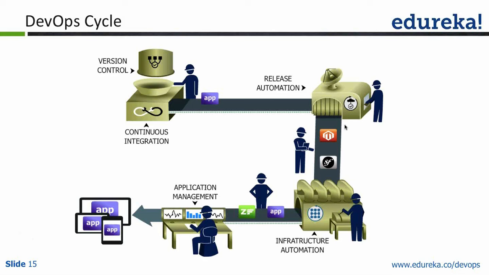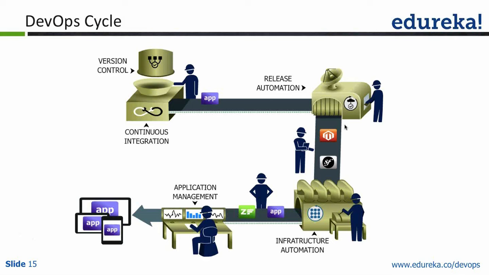Okay, so I think your question is about the skill set. When do DevOps skills come into the picture for QA? When you think about automation, say release automation, QA has a lot of role to play there, right?